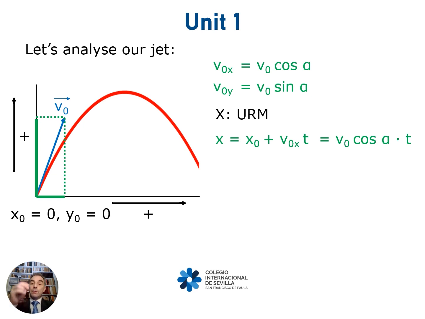Along the vertical axis, though, we do have the acceleration of gravity, and it's a constant acceleration. Therefore, along that axis, we have a uniformly accelerated rectilinear motion. The expression for the position at each value of time in UARM is y equals y0 plus v0y times time plus half the acceleration times time squared.